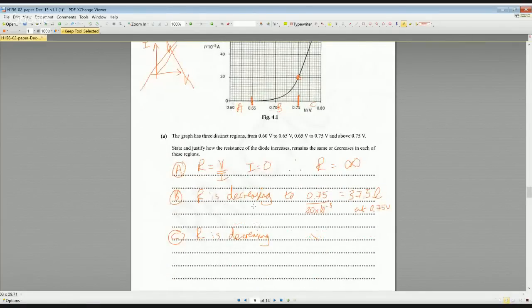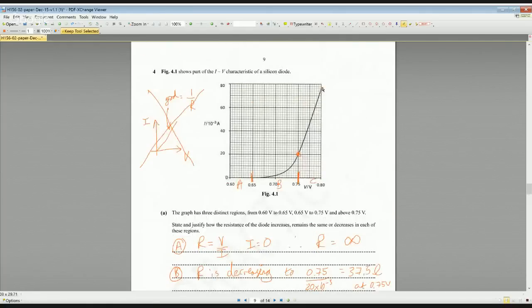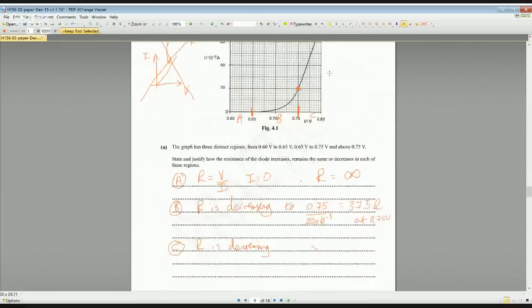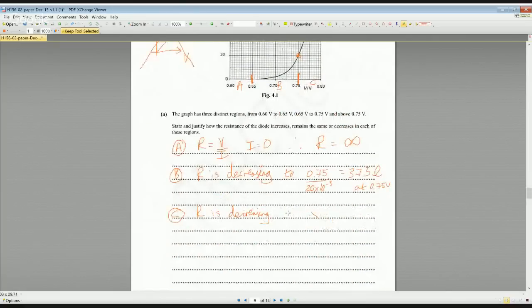If we take a look at the point here at 0.8 volts, we get a resistance of 0.8 divided by 75 times 10 to the minus 3, which gives us a resistance of 10.7 ohms.